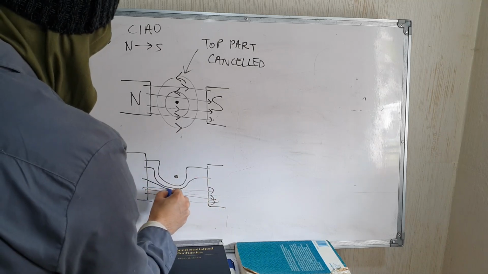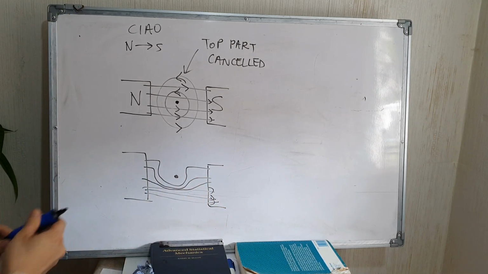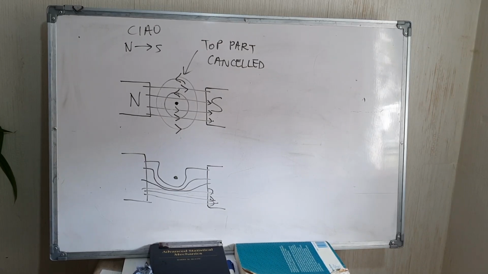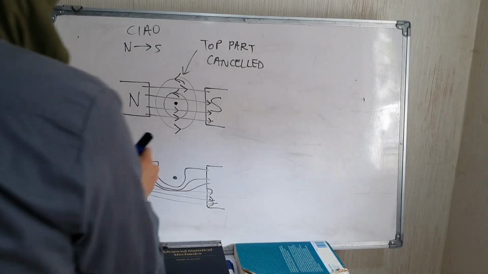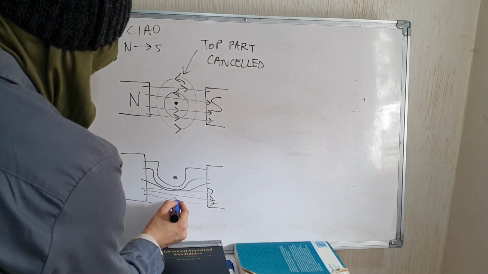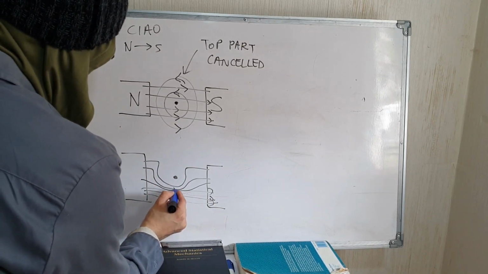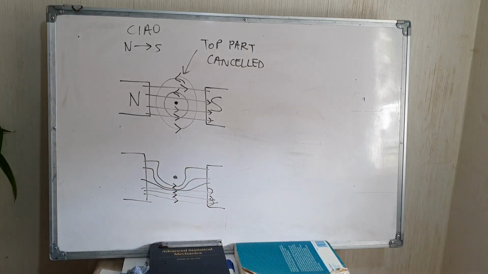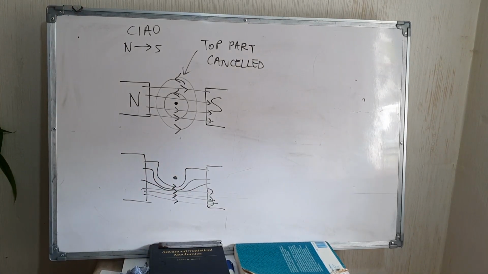That's just a rough drawing. So the field lines will look like this. The direction of the field lines is going in this direction, and then it's also coming out.